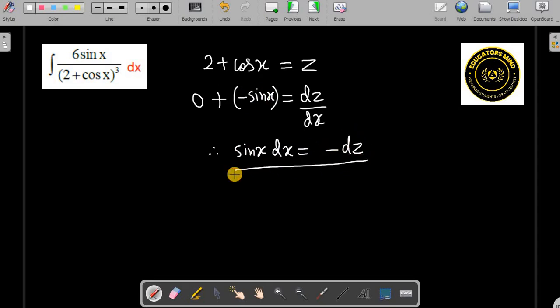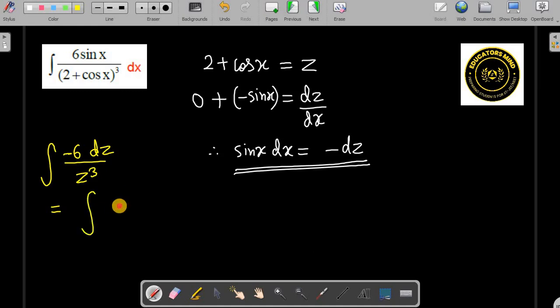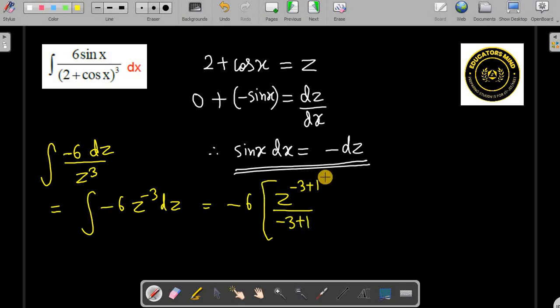Now you are going to substitute this in the integration. It will become 6 by z cubed, since 2 plus cos x is z, and sin x dx is minus dz. Now this becomes so easy: minus 6 z power minus 3 dz. Minus 6 is constant, comes out, and z power minus 3 plus 1 divided by minus 3 plus 1 is the integration.